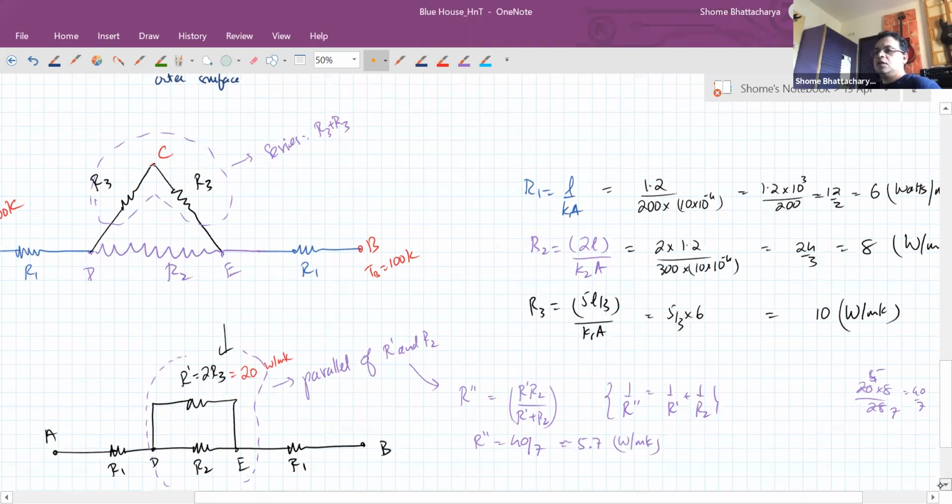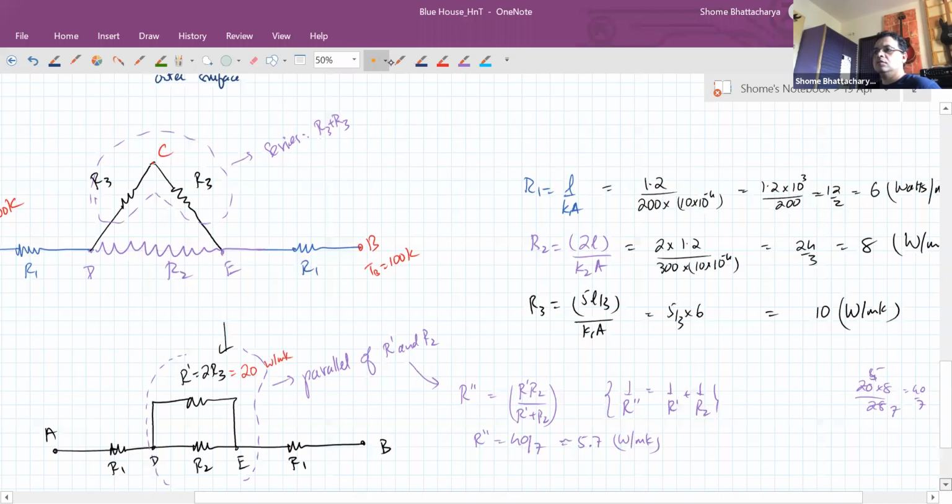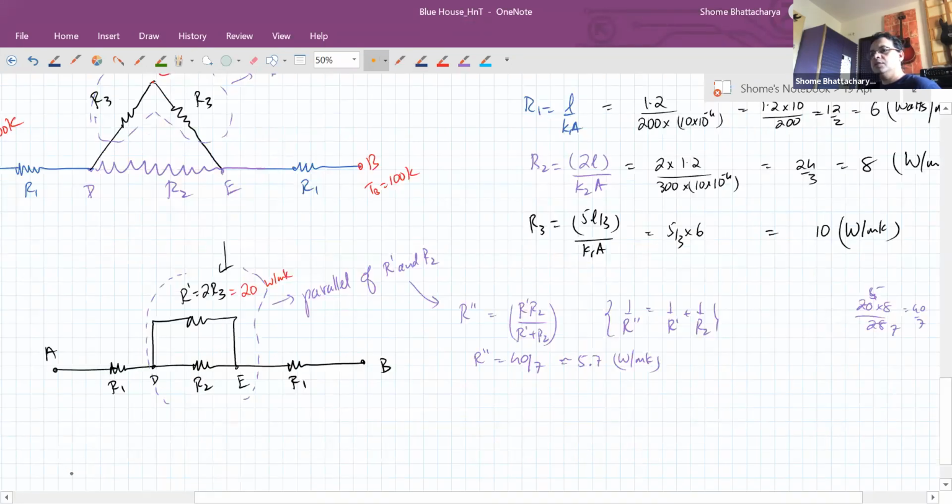And now the last step is very easy. So it equivalently becomes like this.